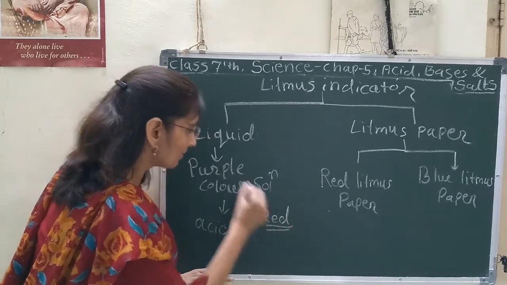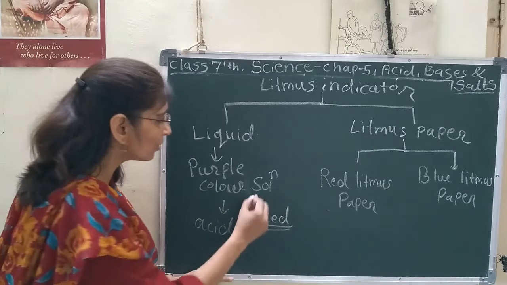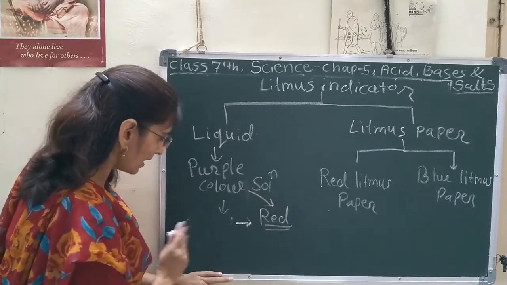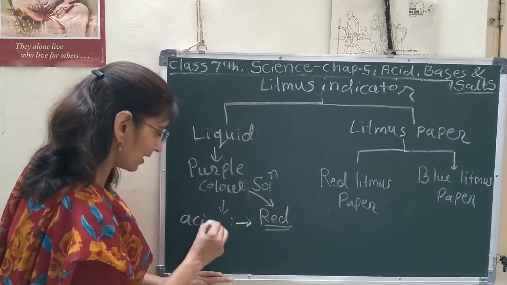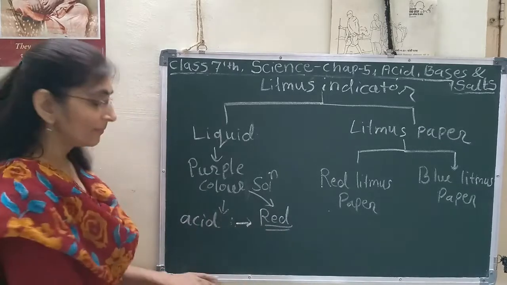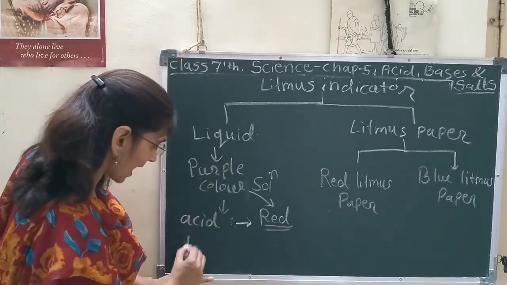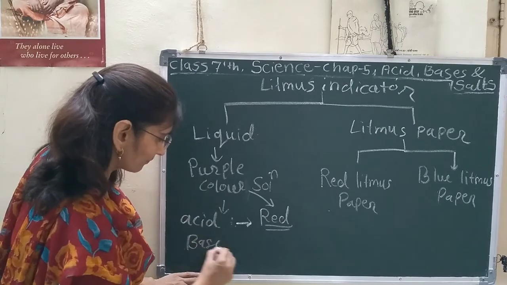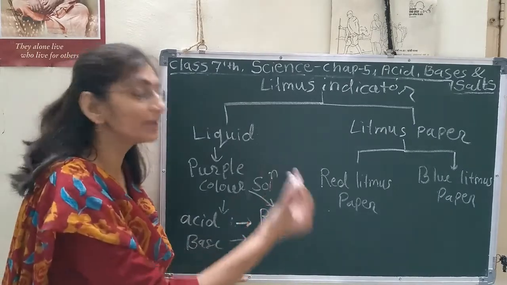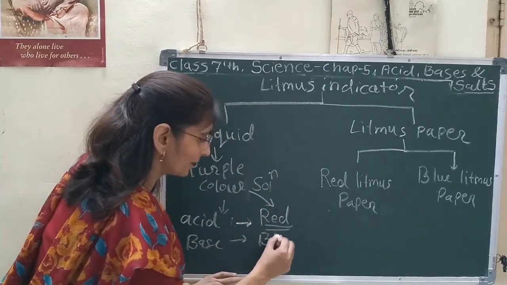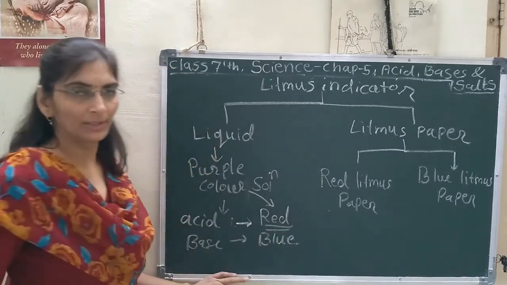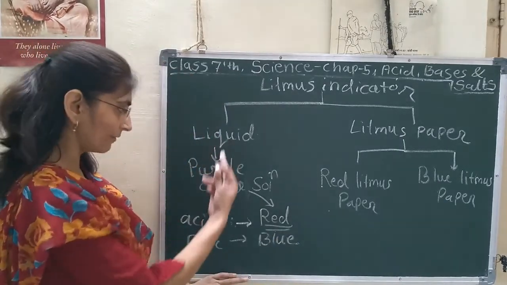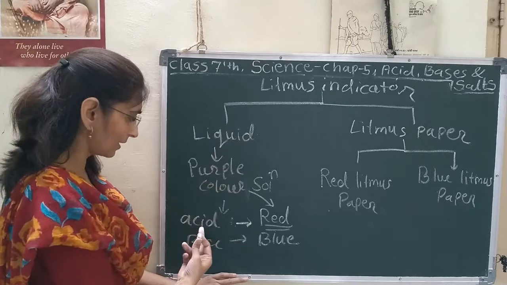It will change from purple to red color when it reacts with acid. And when this solution reacts with base, what will happen? It will turn into blue color. Yes, this is the reaction of liquid litmus indicator with acid.